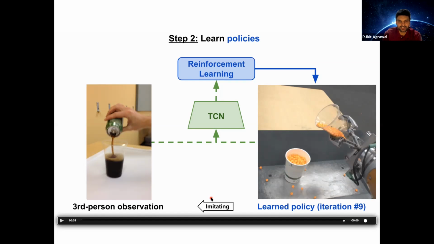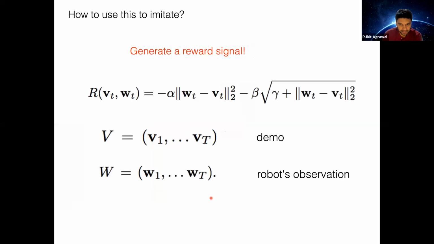What is happening is, if you look at the equations over here, W is what you are generating over time. Right? So what you would want to do is to match the demonstration one by one. Right? So the robot could do the task in many, many different ways, right?